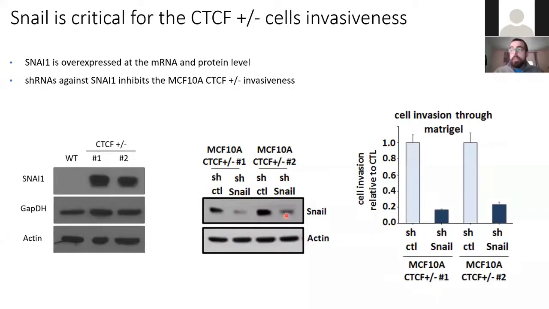And SNAIL itself, without the inhibition of the PI3K pathway, by simply reducing the levels of SNAIL, we're able to reduce the level of invasiveness in our cells. So torin-1 not only inhibits a pathway that is driving the oncogenicity of our cells, but also it reduces the level of a gene that is upregulated in our cells and also promotes their oncogenicity.